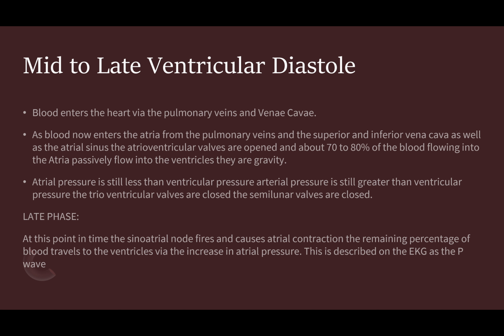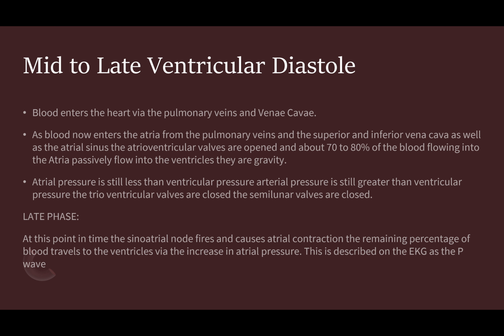And about 70 to 80% of the blood flows from the atria passively to the ventricles via gravity. So this is the first part of our cardiac cycle. We have blood coming into the atria, and 70 to 80% of it flows passively into the ventricles via gravity.